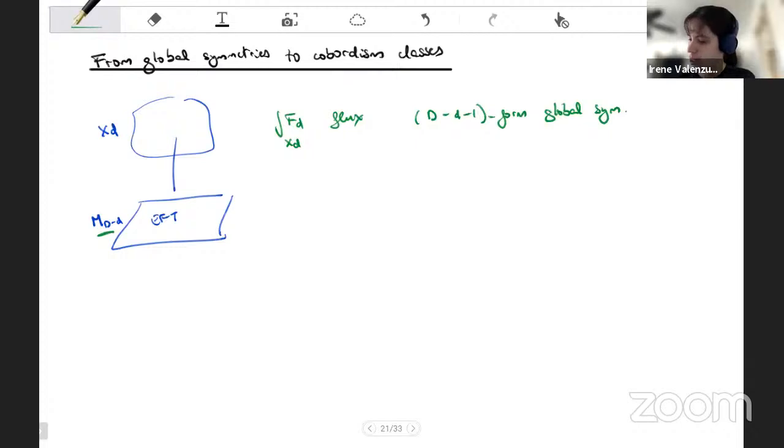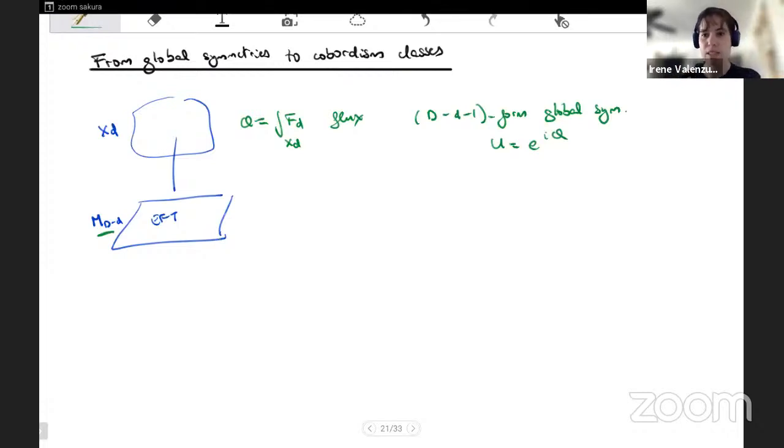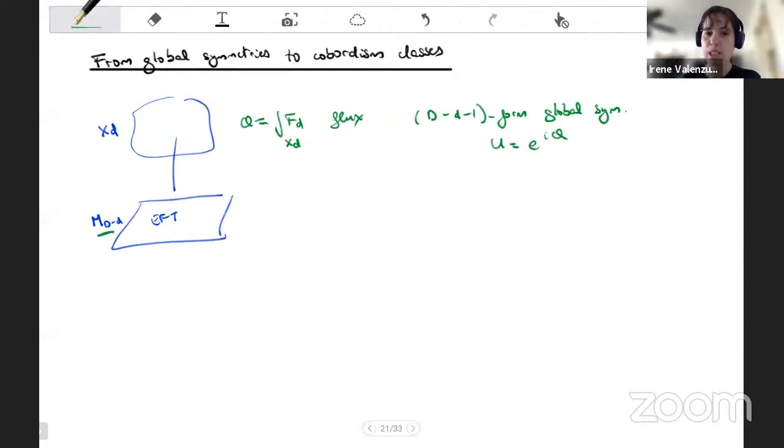Okay. So this is what would be the charge, and the symmetry operator of this symmetry, as I said, is just e^{iQ}. Now, this magnetic global symmetry, we have said that it can be broken if we add states that are charged under it, which would be like monopoles. And now they are extended objects. So these monopoles are branes. Okay, so the branes are the objects that are charged under these gauge fields.